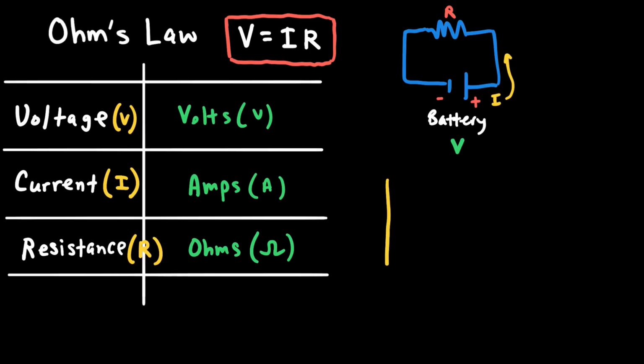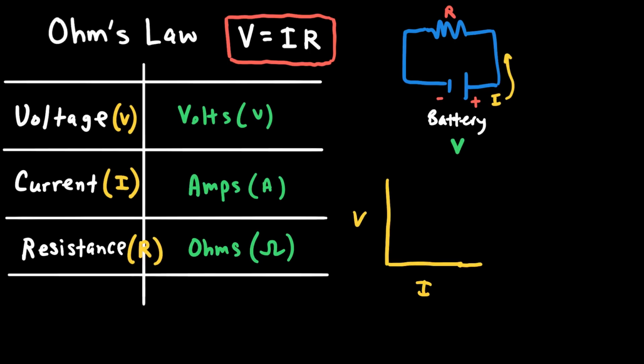Let's say I wanted to make a graph of voltage as a function of current. Maybe my battery has a knob on it, and as I turn the knob, I'm varying the battery's voltage, and therefore, if I'm providing a larger or smaller EMF, then the current also changes.